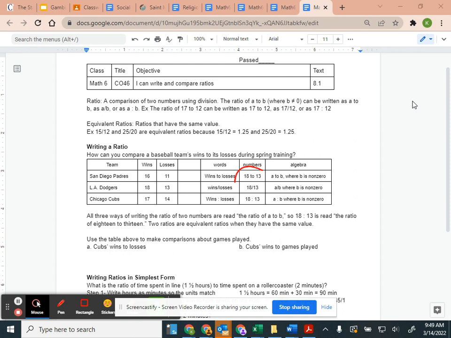We could write it by saying 18 to 13, 18 over 13, or 18 with our colon 13. They're all 18 to 13. So in the example here, that was wins to losses, wins over losses, wins to losses. Each of those 3 ways is showing a ratio.